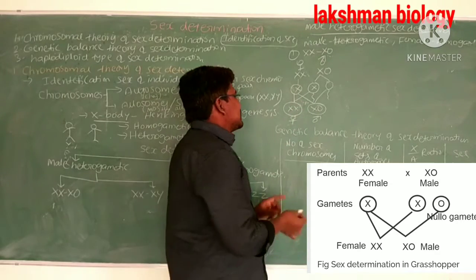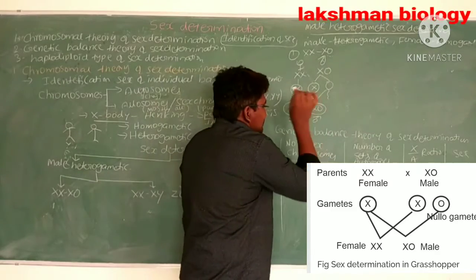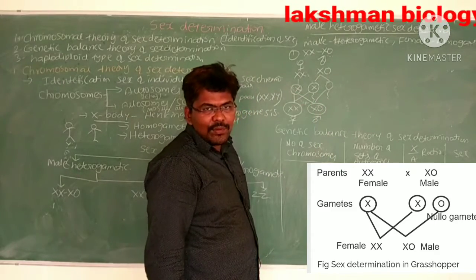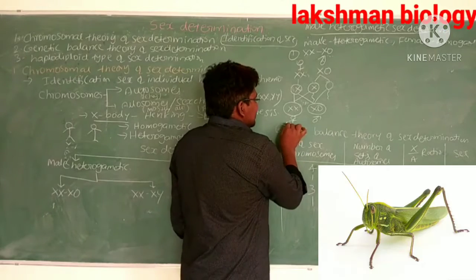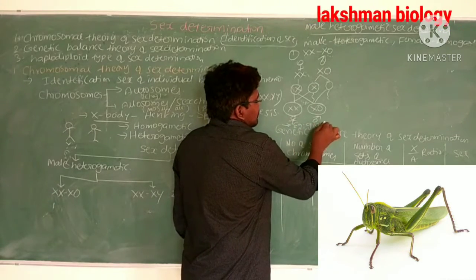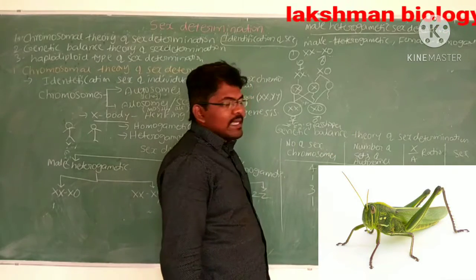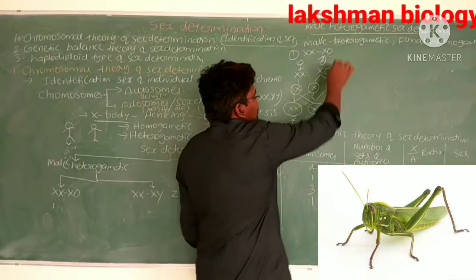There is a 50% chance of formation of a female and a 50% chance of formation of a male. This type of sex determination we can see in grasshopper. Grasshopper is an example for the XX-XO type of sex determination.